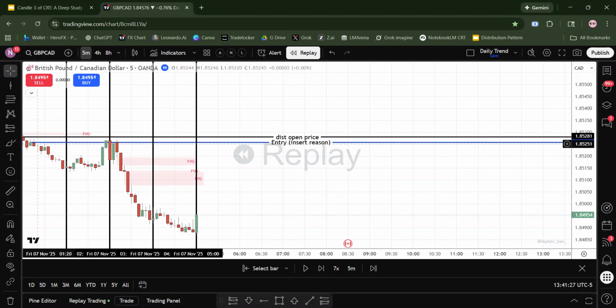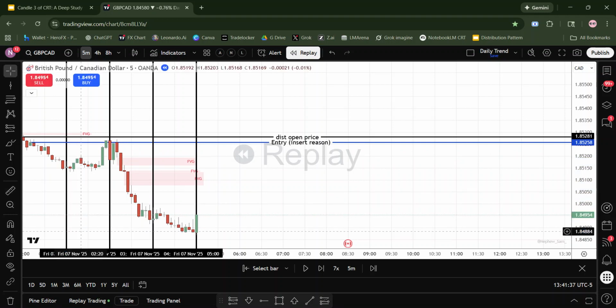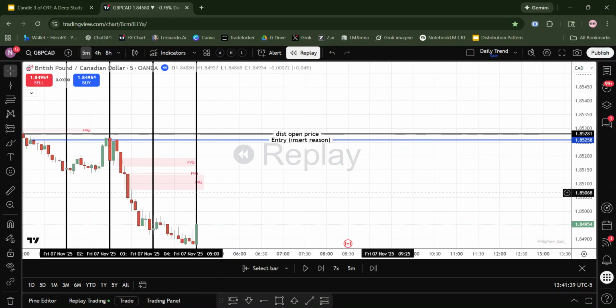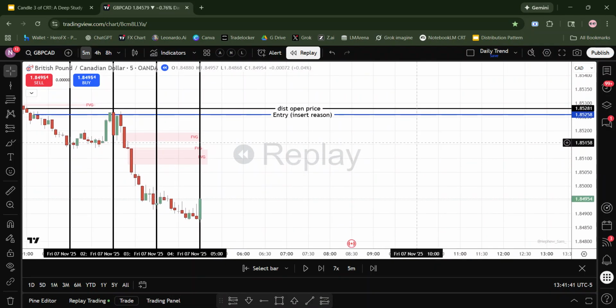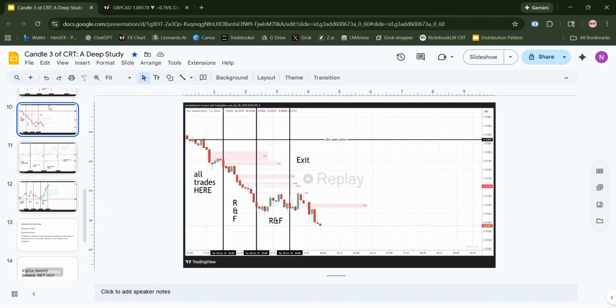Now from the entry to about 5, if you held to the candle's close or close to it, price dropped about 37 pips. So all that could have been yours. Remember we talked about our template for shorts.